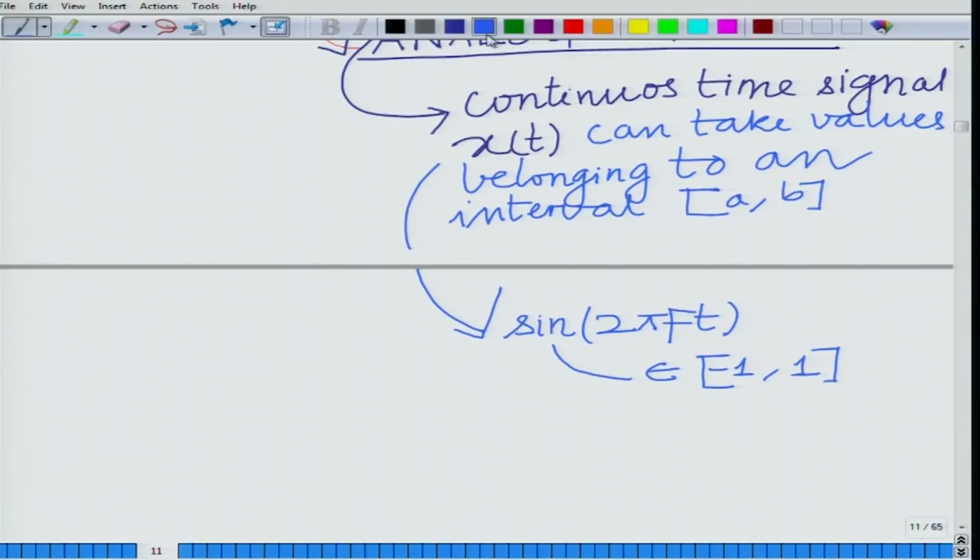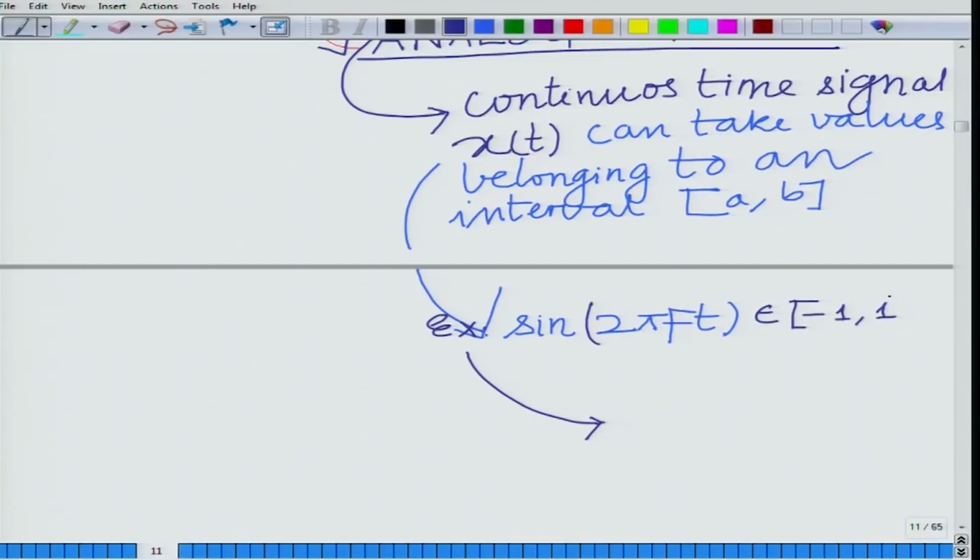Another such analog signal, another example. So this is one example. Another such example is sin(2 pi f t), which can take all values belonging to minus 1 to 1, correct?